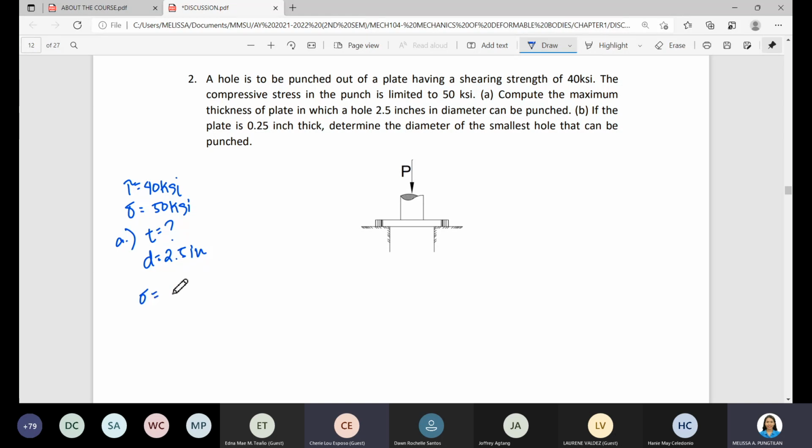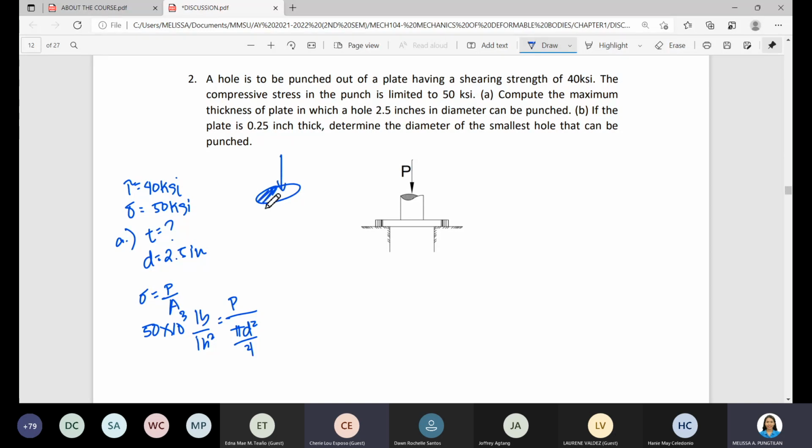So stress is equal to P all over A. Meron tayong 50 times 10 raised to 3 pounds per inches squared is equal to P all over A. Kapag normal stress, ano yung gagamitin nating area? The area that is perpendicular to our force P, which is equal to pi d squared all over 4. Right? So, ito yung ating force P, perpendicular.